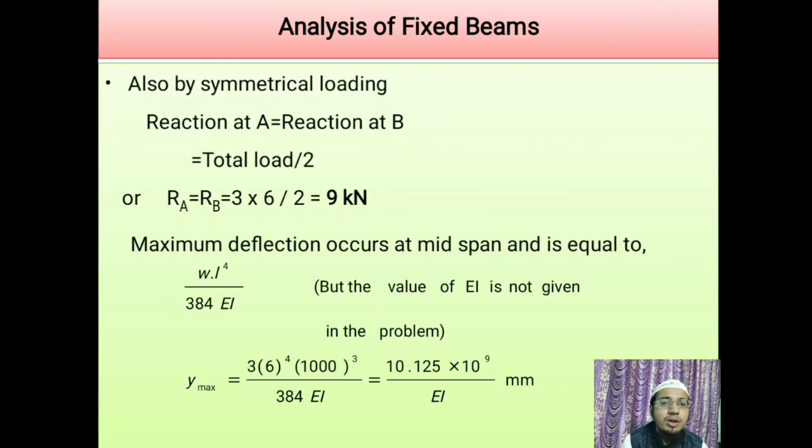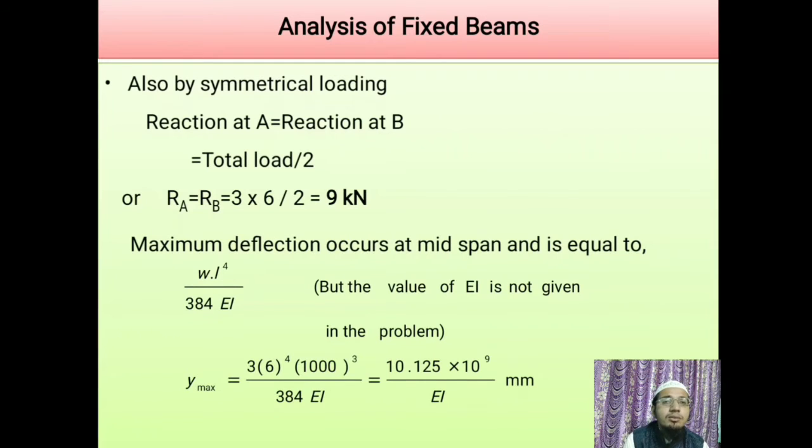By simply solving, we will get 10.125 into 10 raised to 9 divided by EI in mm. This will be the maximum deflection. So by simply putting the values of EI, we can get the maximum deflection at the midpoint or mid span for such condition. Hope you have understood. Note it down.